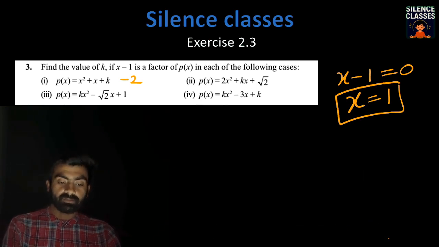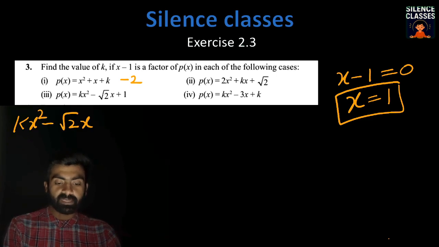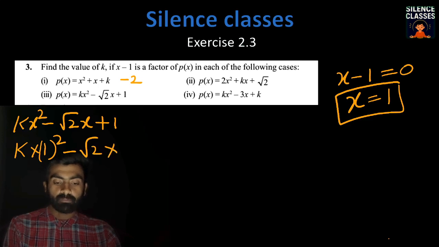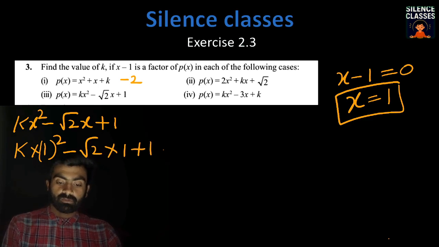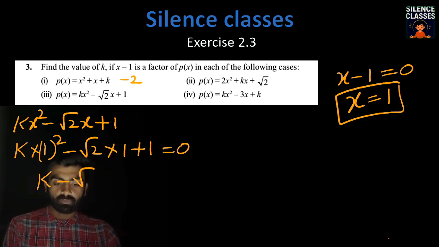So the third part is kx square minus root 2x plus 1. So k x square means k multiplied by minus 1 square minus root 2 multiplied by 1 plus 1, okay, is equals to 0. So we can say k minus root 2 plus 1 is equals to 0.